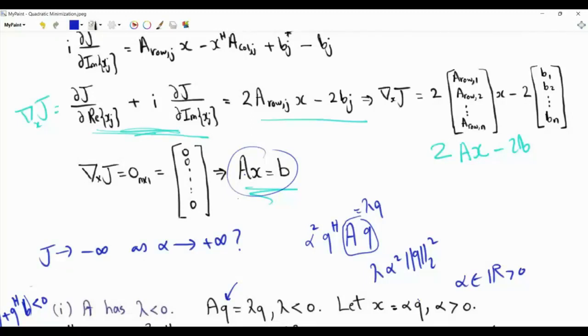Okay, so all the eigenvalues are strictly positive. The determinant is strictly positive, it's non-zero. A is non-singular. It is invertible, and X is equal to A inverse B. And we can check that the Hessian matrix of the objective function in this case will be positive definite, and so this is the solution.